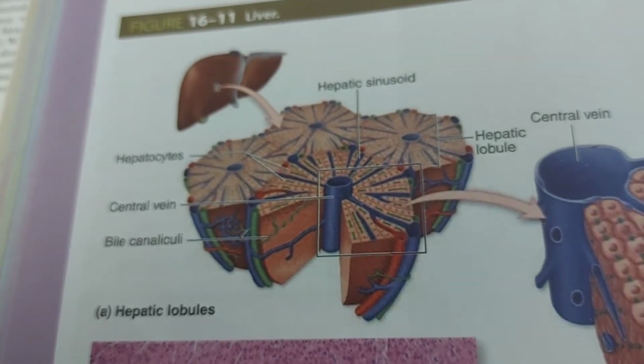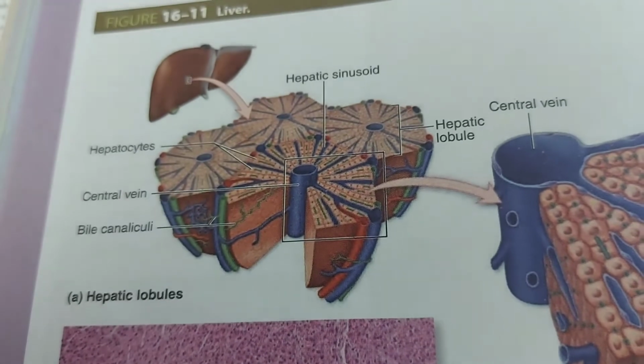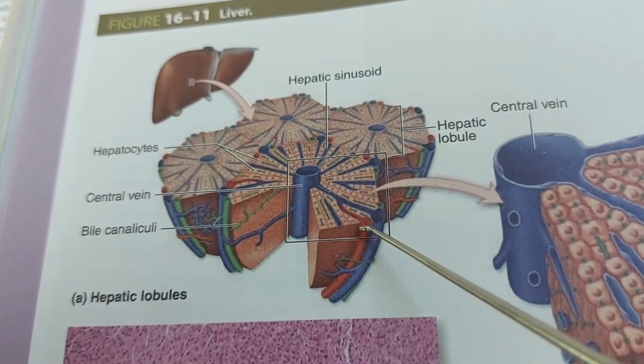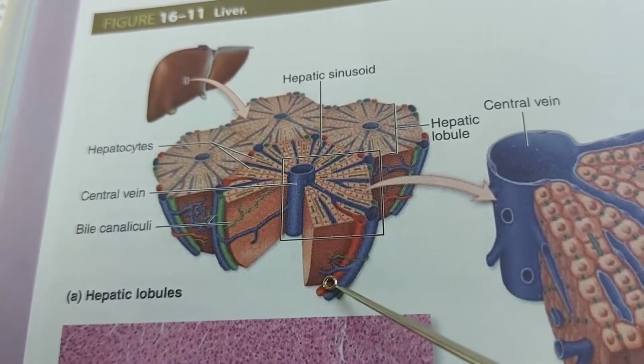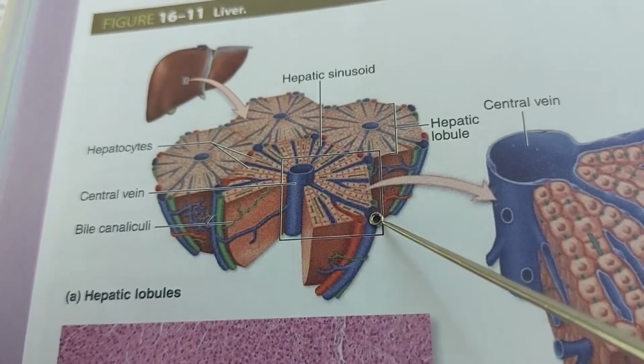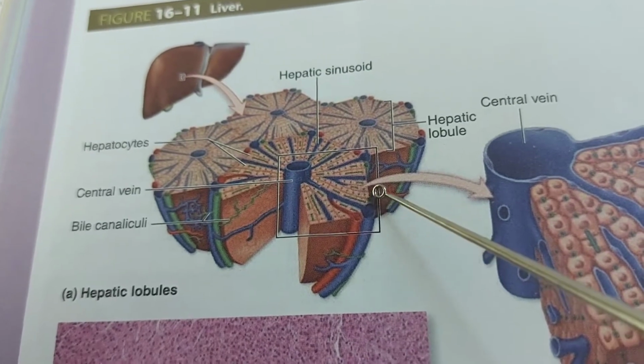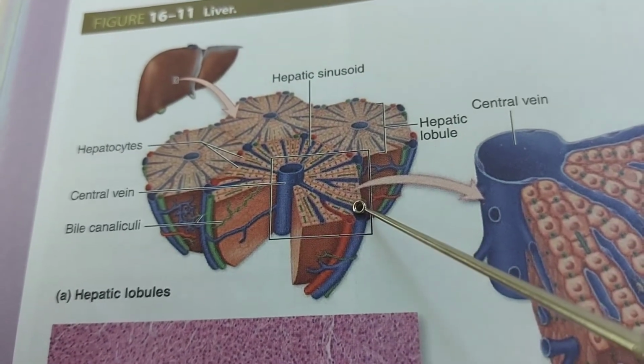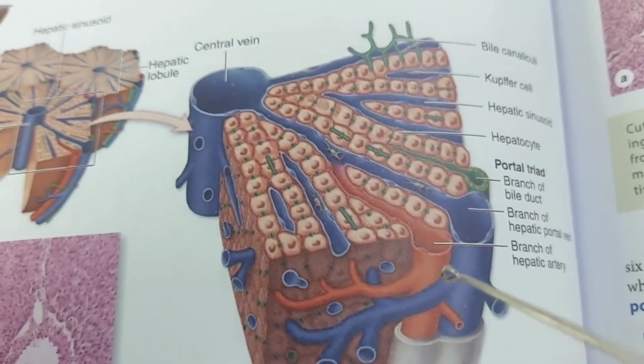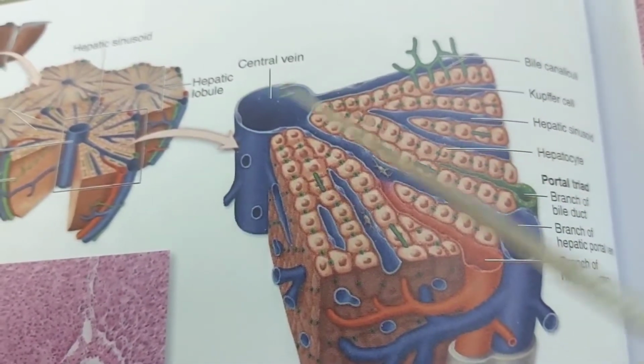Here we can see in close view there is an artery, a vein, and a bile duct in the triad. Here we can see it very clearly.